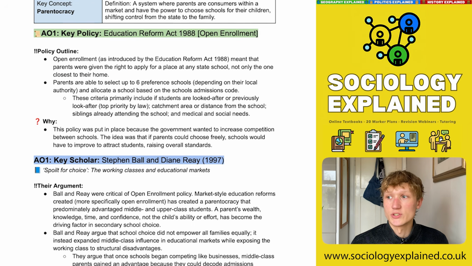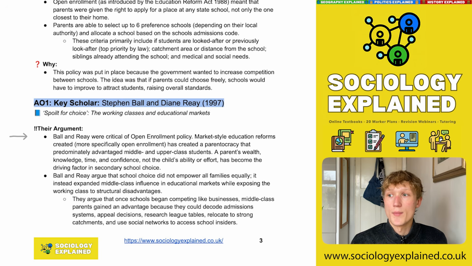A key scholar in relation to this is Ball and Ray, and they have been critical of open enrollment, suggesting that market-style reforms like this, so reforms that make education operate like a market, have created a parentocracy, as they call it, that advantages predominantly middle-class and upper-middle-class parents.